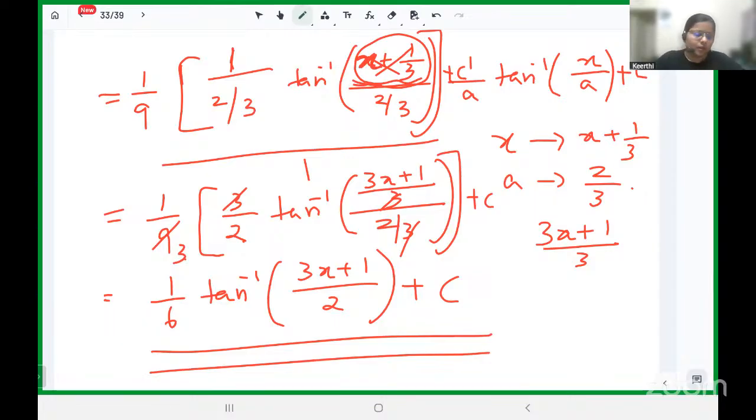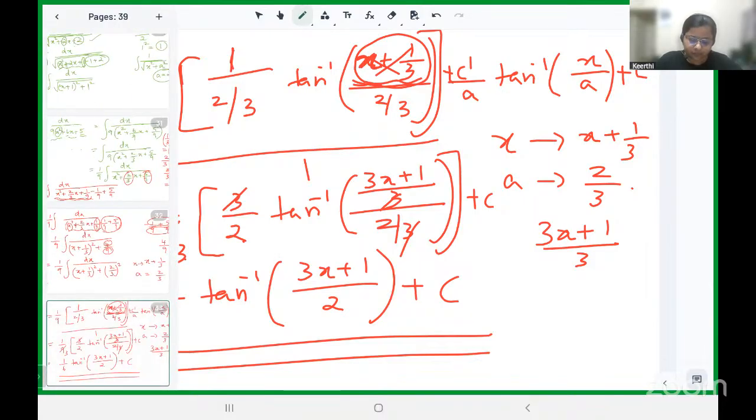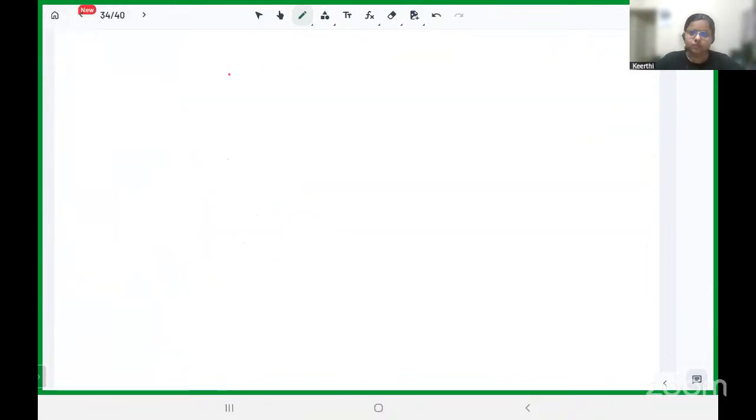Now, moving on to type 7. Type 7 is actually an extended version of the same type 6, but this is a little bit more lengthy.